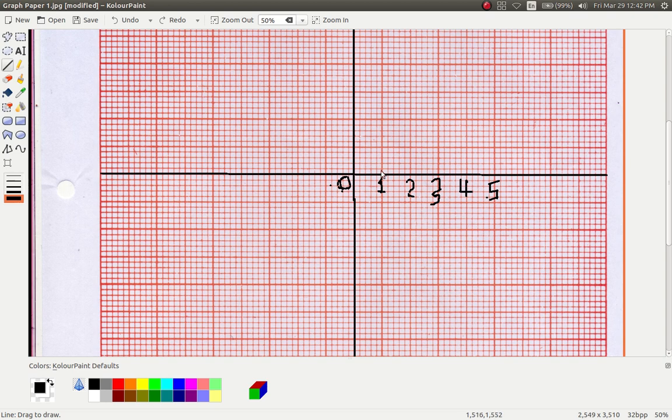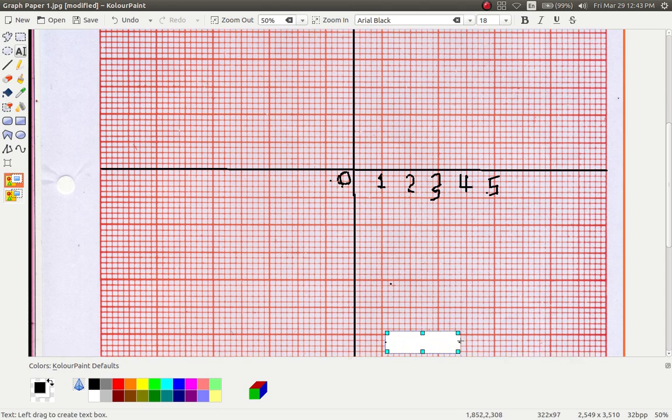If I was using a different scale, suppose I wanted a scale of, I want my writing to be larger than this.